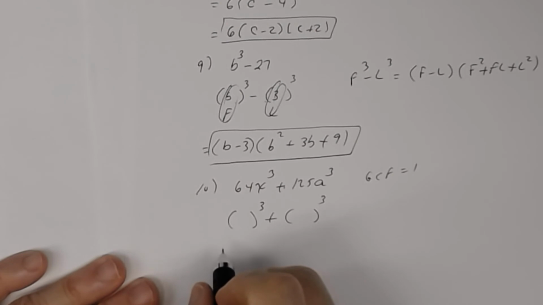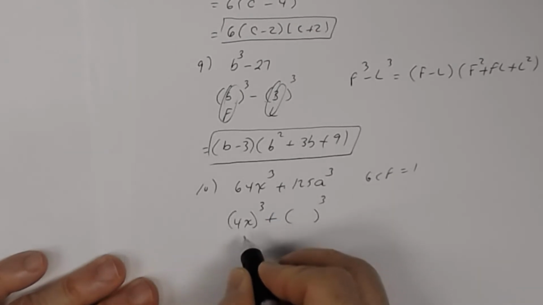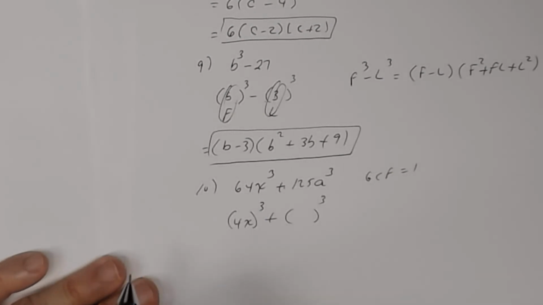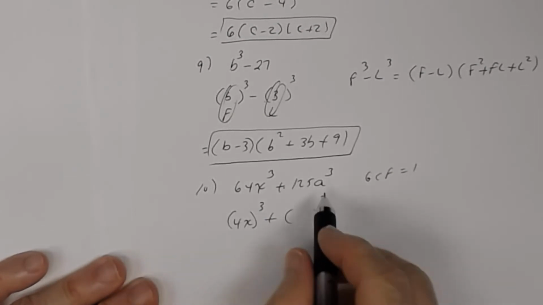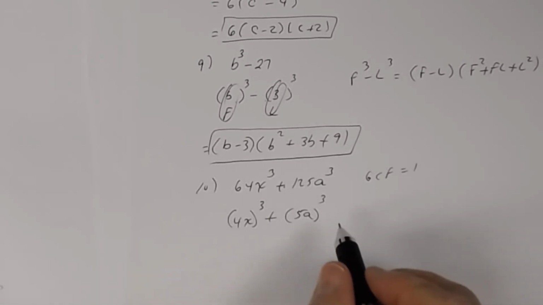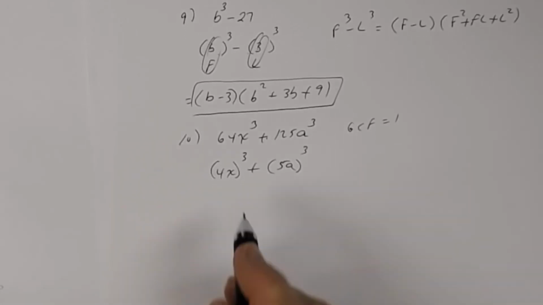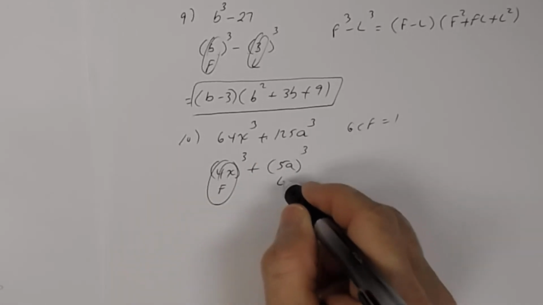This is a perfect cube. For 64x cubed, 4x times itself 3 times is 64x cubed. For 125a cubed, 5a times itself 3 times is 125a cubed. So this is your F, this is your L.